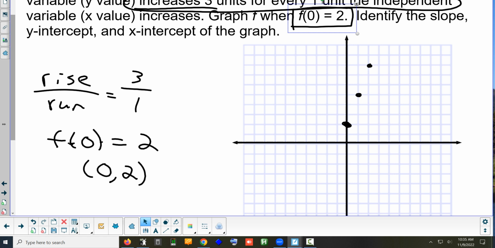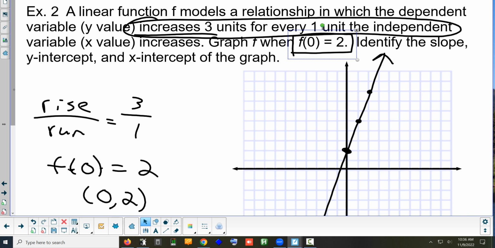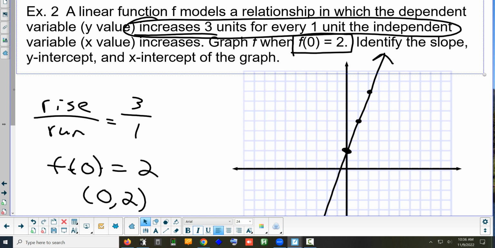And then draw your line. Okay, so just a little bit different wording, that's all. So when you see this thing about increasing 3 units for every 1 unit, that's your slope. When you see f of 0 equals a number, that number is your y-intercept. They're just not saying it that way. It's the same thing.